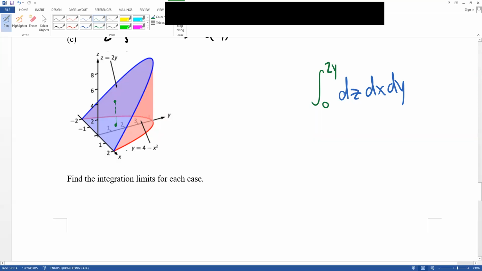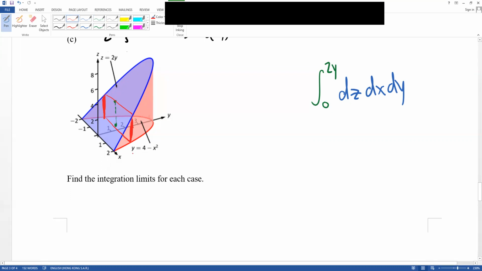So next I consider dx. So that means I'm going to consider this plane. I need to know the x position for this edge, right? And then also for this edge. So for a particular value of y, right?